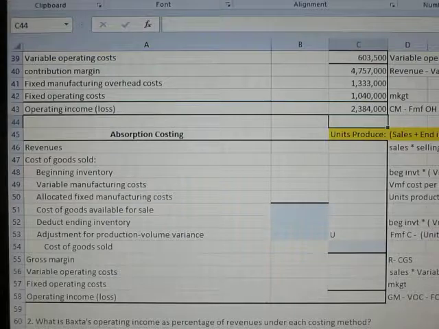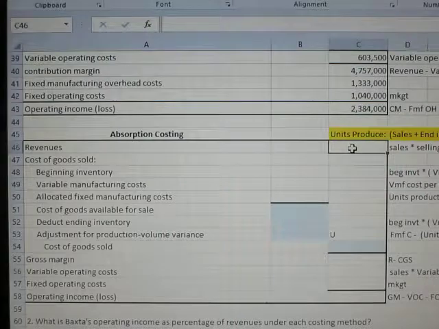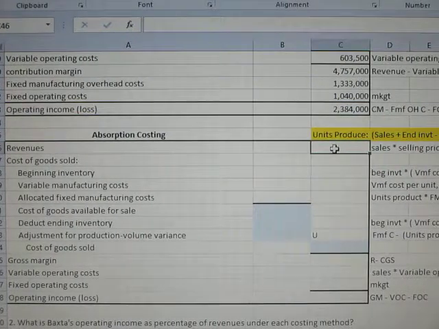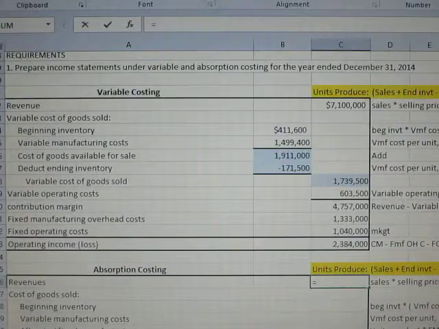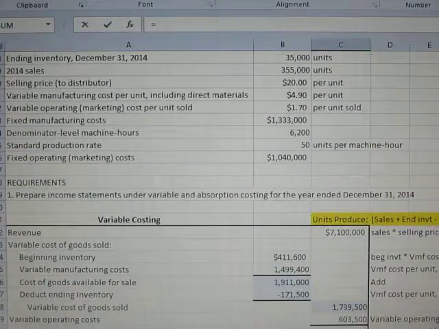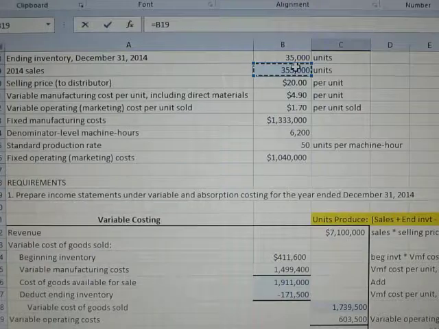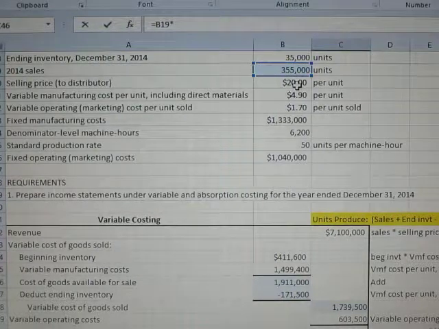So now we're doing absorption costing. For absorption costing, the revenue is the same thing. You take sales times selling price, which is 20.